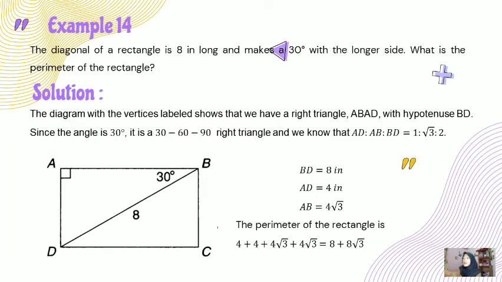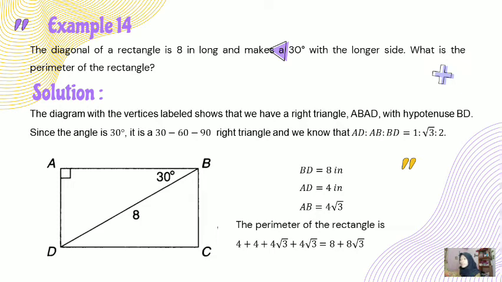For example 14, the diagonal of a rectangle is 8 inches long and makes a 30 degree angle with the longer side. What is the perimeter of the rectangle? And the solution, the diagram with the vertices labeled, so that we have a rectangle ABCD with hypotenuse BD such that the angle is 30 degrees.